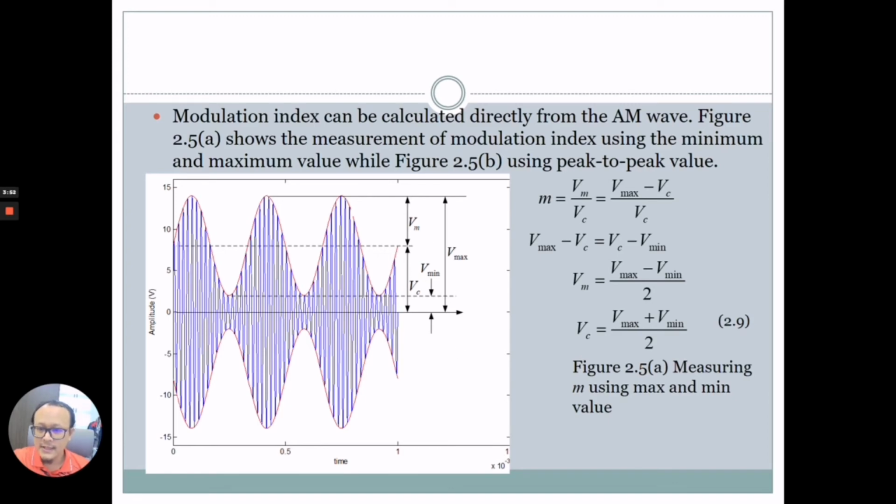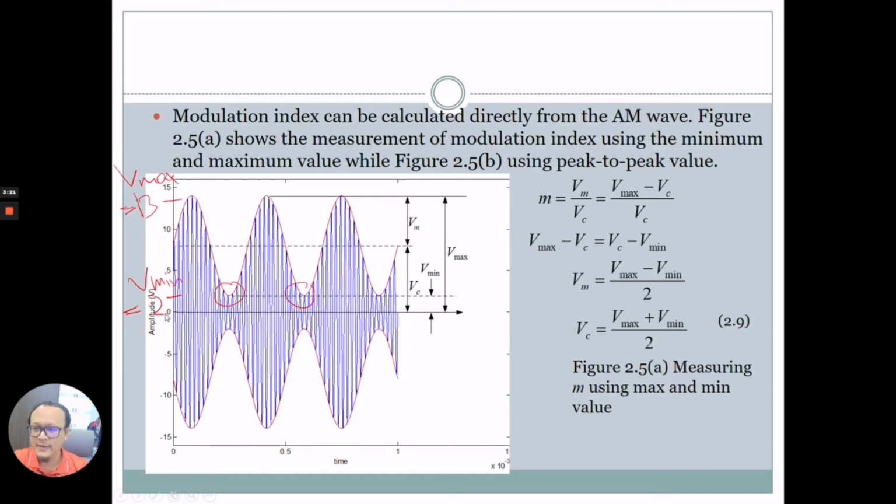We can say that Vmax is around here, 13. So this is Vmax. However, Vmin is over here. Vmin is the minimum voltage of the signal, which is over here, over here. So in this example, we can say that Vmin is equal to 2 volts.